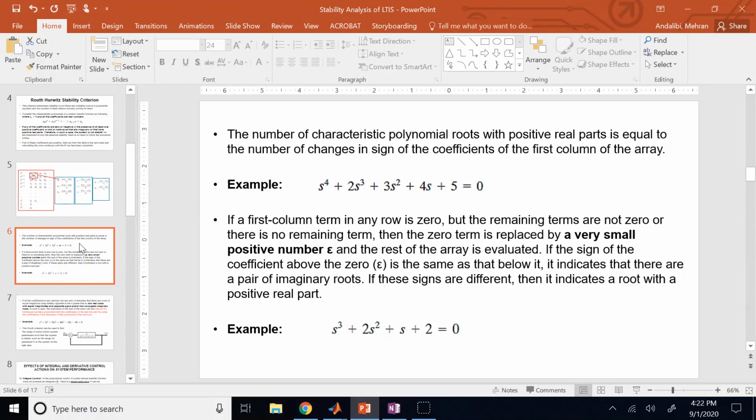So that's why we study this algorithm. Now as I said, there are 2 scenarios that might happen, and they make the calculation of the table a little difficult, but we can handle it. Scenario 1. In the first column, a 0 element appears.